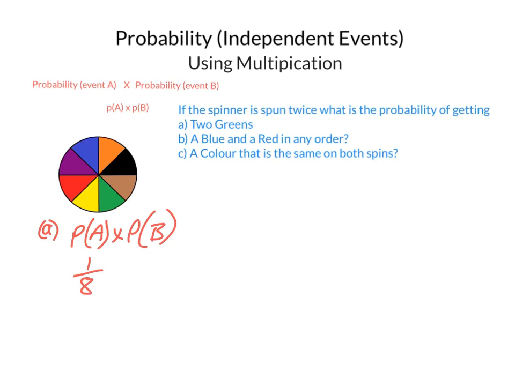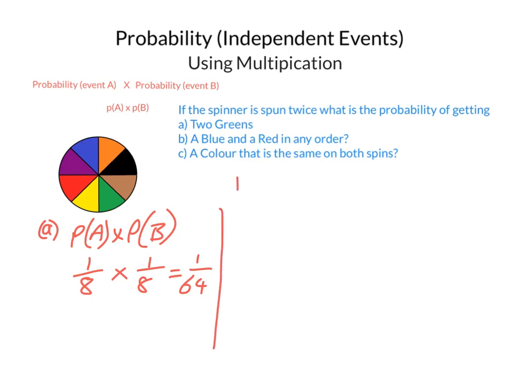There are 8 different colours. There's only one green, so you have a 1 in 8 chance of getting a green. And the second time you spin it, you've also got a 1 in 8 chance. So top times top gives us 1, and bottom times bottom gives us 64. The chances of getting a green on both spins is a 1 in 64 chance.